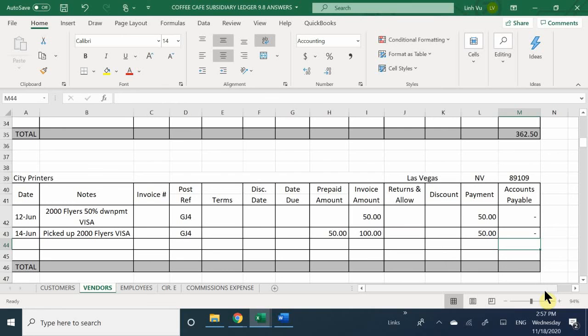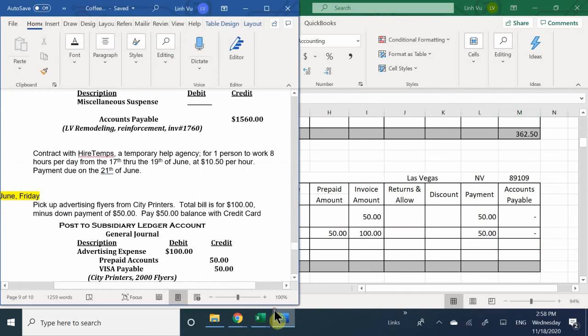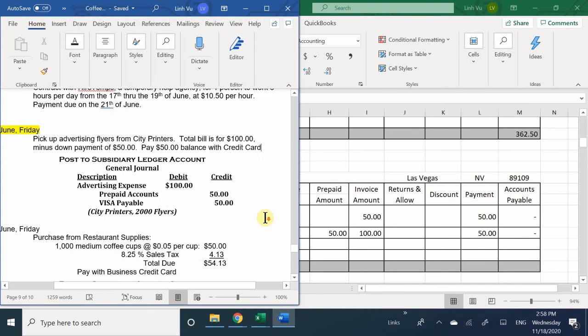So make sure that the numbers that you place in there are not negative, that they're all positive. Were you able to get 0? Yeah. Perfect. Okay, and now we are done with that transaction.